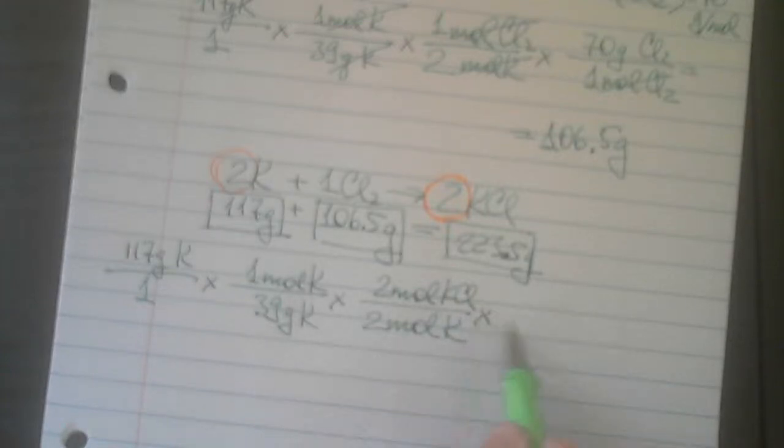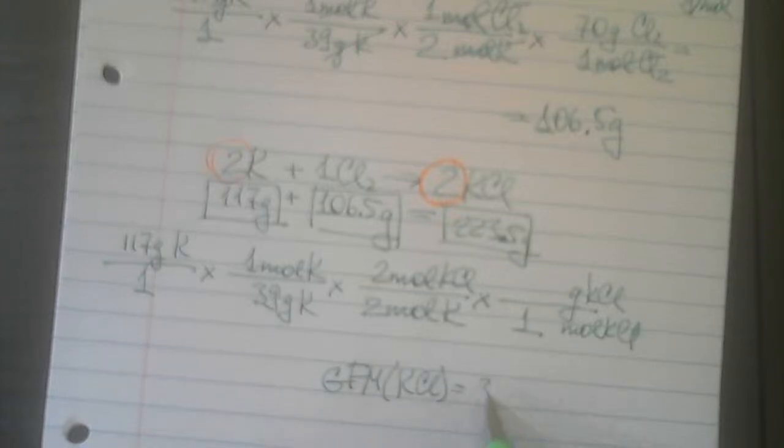Okay, that was step 2, the mole to mole conversion. And now I need to convert moles of KCl into grams of KCl. Okay, 1 mole of KCl weighs, well, this one I need to calculate. The gram formula mass of KCl is 39 plus 35, which gives us 74 grams per mole.